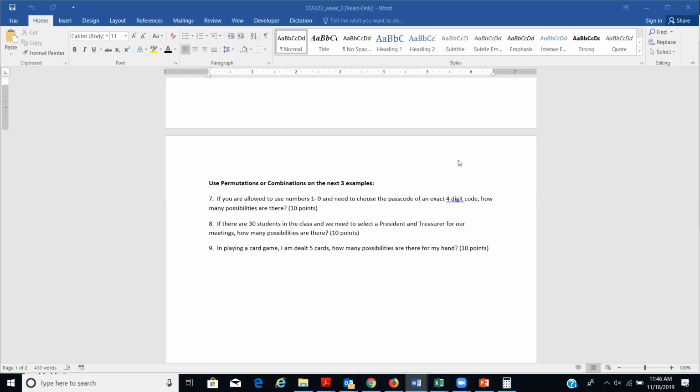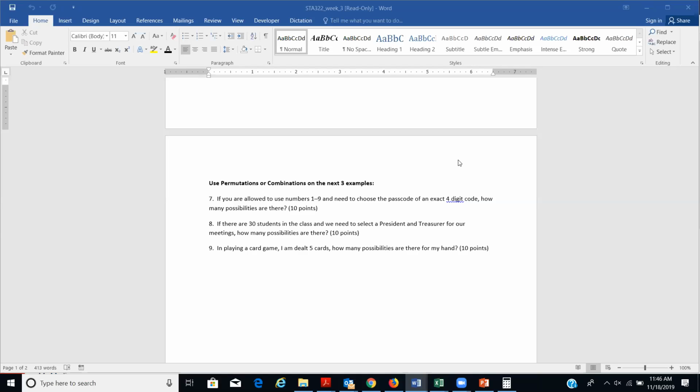In combinations, order doesn't matter. So 1, 2, 3, 4 is the same as 4, 3, 2, 1. You've grouped all 4 of those numbers together. Fortunately, with things like keypads, the order does matter because indeed 1, 2, 3, 4 is different than 4, 3, 2, 1.